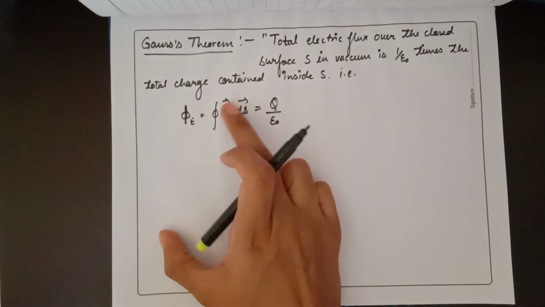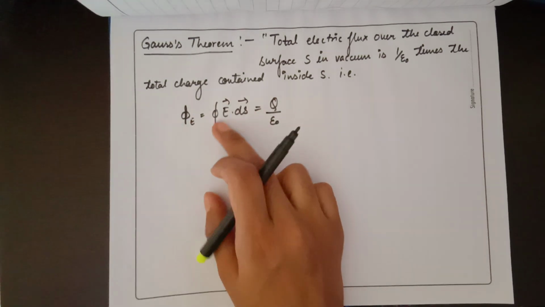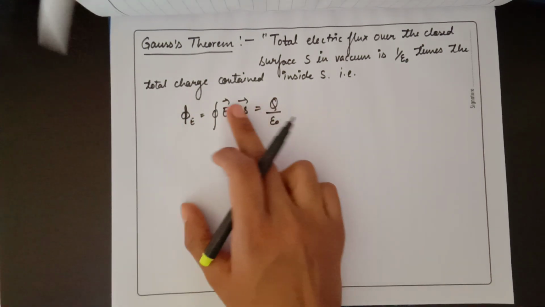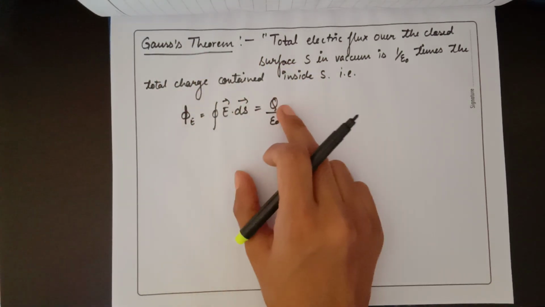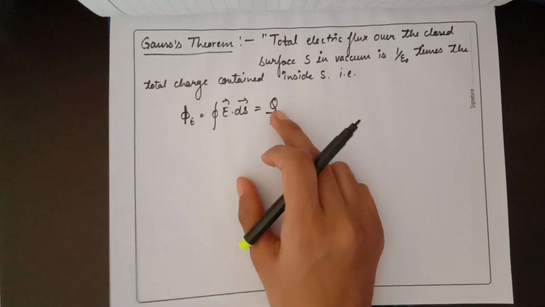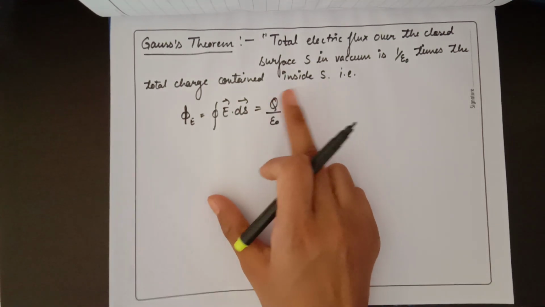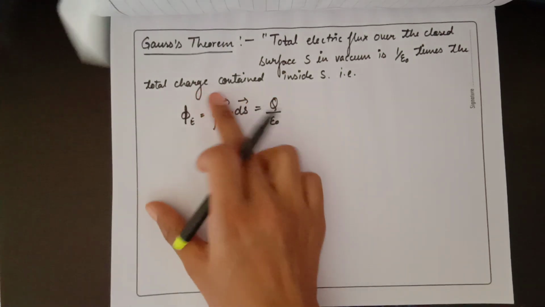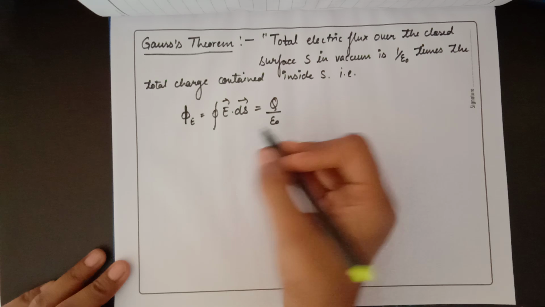So phi is equal to E dot dA, which you have already read, and it can be written as E dot ds also. And what Gauss's theorem says is phi is equal to q divided by epsilon naught, where q is the charge contained by the closed surface.